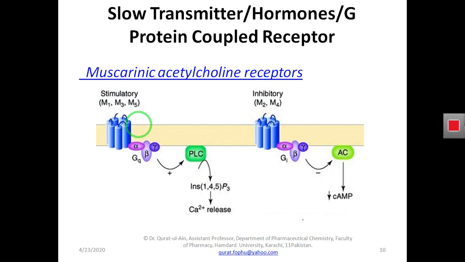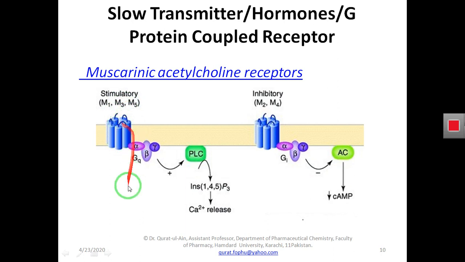This single polypeptide traverses the plasma membrane multiple times and makes 7 subunits, each composed of 20 to 25 amino acids, and these 7 subunits group together and remain embedded in the plasma membrane. The ligand binding site of this receptor lies between these subunits.